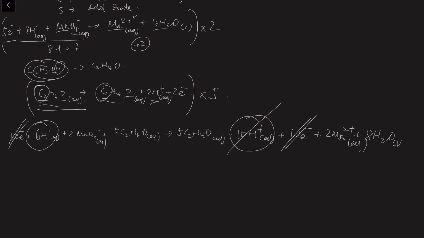Now let's do one on the basic conditions. So we have lots of OH minus ions, hydroxide ions, for this chemical equation. So the idea is you do everything as normal. So you do everything as if it's under acidic condition.